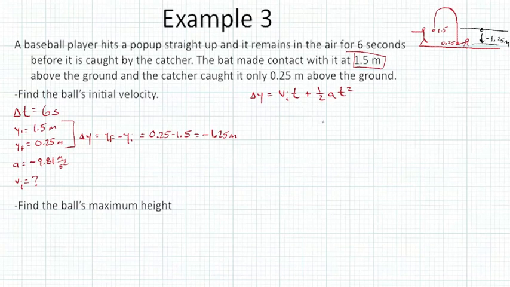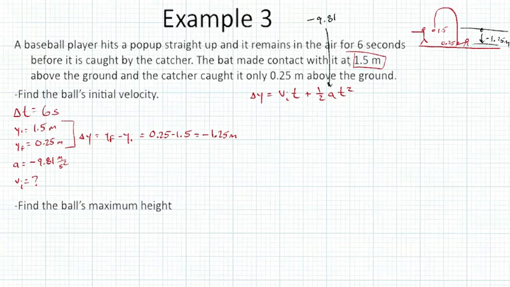So that tells us that when we finally plug in for a, we have to plug in negative 9.81. I showed you how you can, if you want, put the minus out front here, and when you do that, you just simply substitute in 9.81 for a, or actually we call it g because it's the acceleration of gravity. But either way, I'm writing it like this for right now.